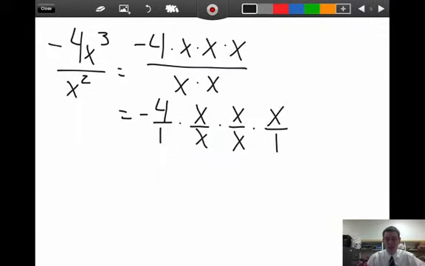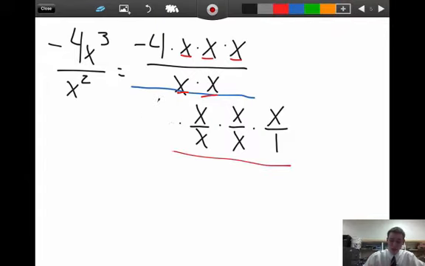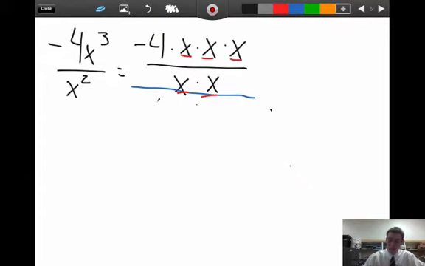Now, looking back at that same problem, when we rewrite it out again like this, we see that there are 1, 2, 3 x's and 2 down here. But instead of having to rewrite it all out again, like here, we can skip that and simply just cancel x's, because we know that x over x is just going to be 1.